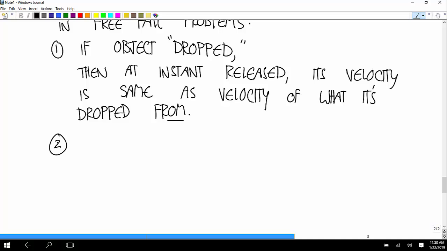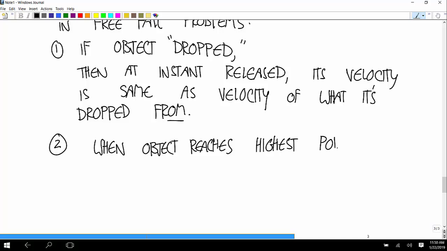And then the second thing is when an object reaches the highest point in its flight. So if you throw something up into the air, the velocity is 0.